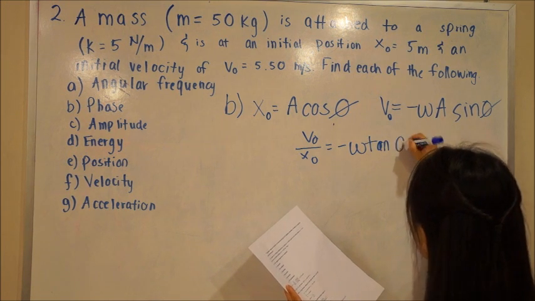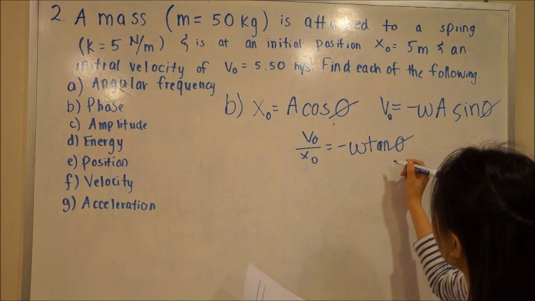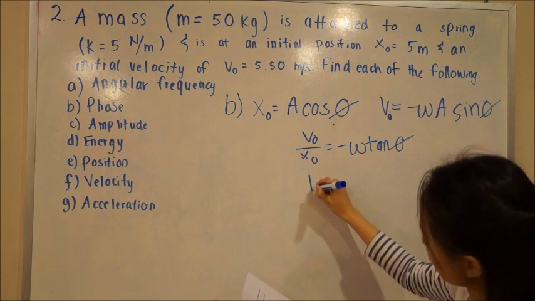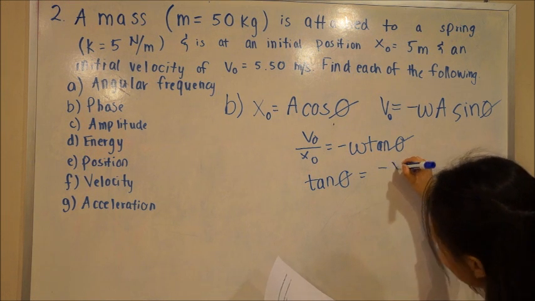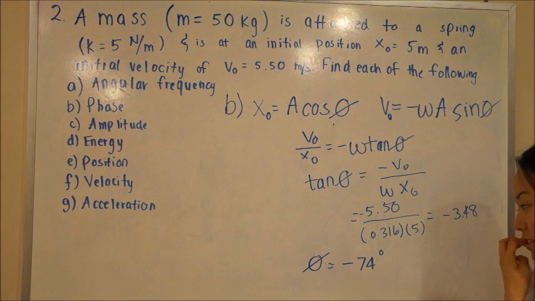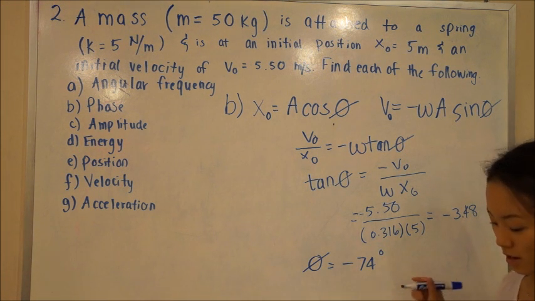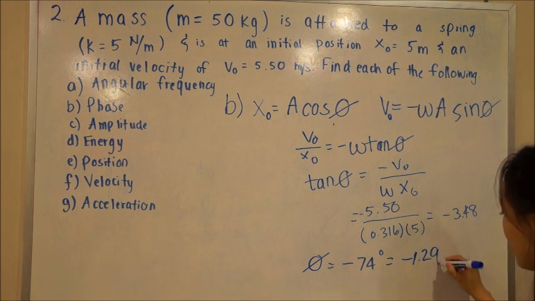When you combine the two, you get this equation, and you can solve for phi by doing that. And the final answer is phi equals negative 74 degrees, which is also equal to negative 1.29 radians.